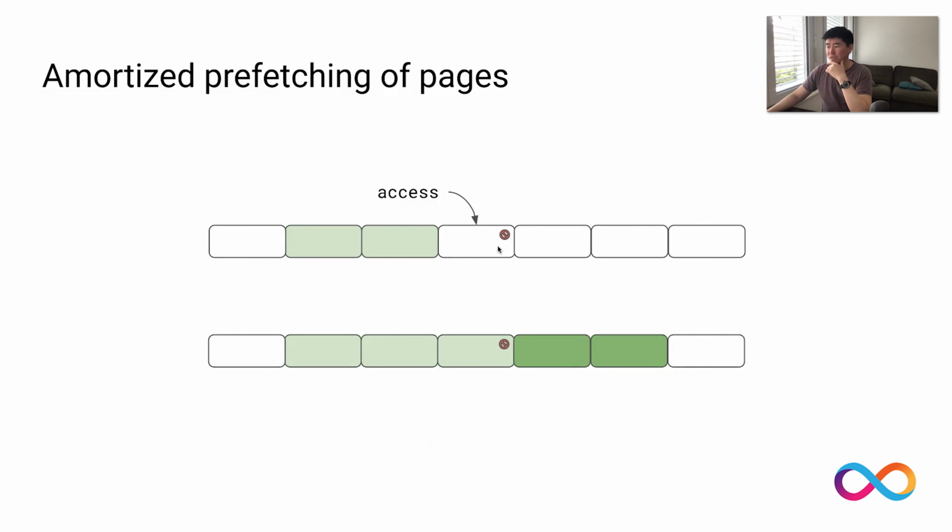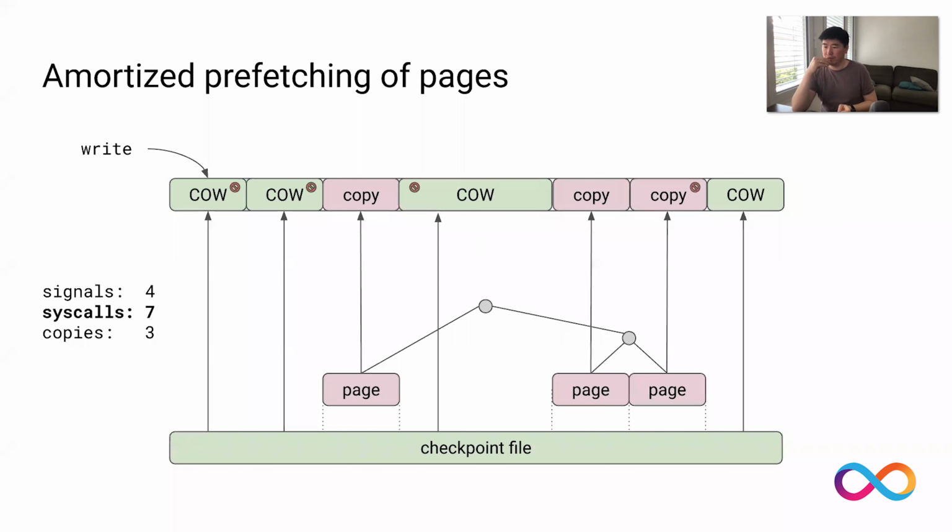This allows us, within one signal handler invocation, to prefetch more pages, and those pages are amortized by previously accessed pages. And this optimization turned out to be the most impactful of all three.